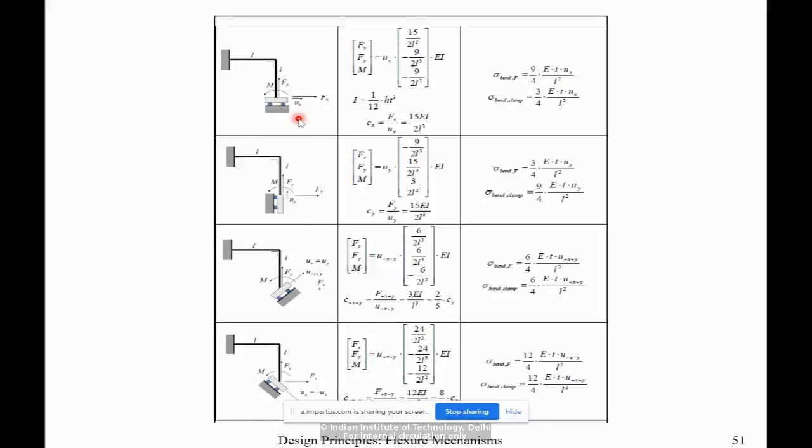Vishnu, Mohit. Yes? Sir, I think displacement in y direction will not be there. Yeah, so uy will be zero. What about fy?